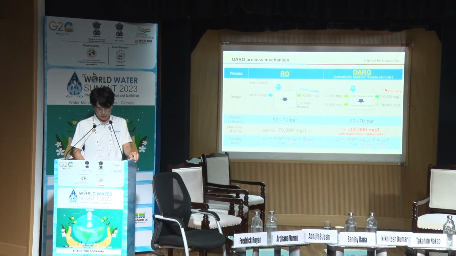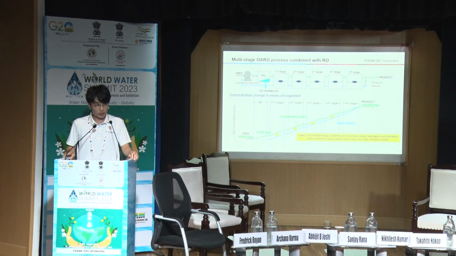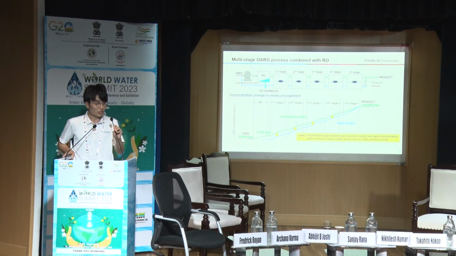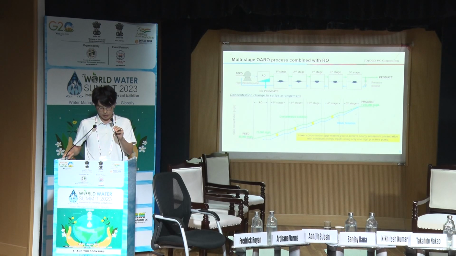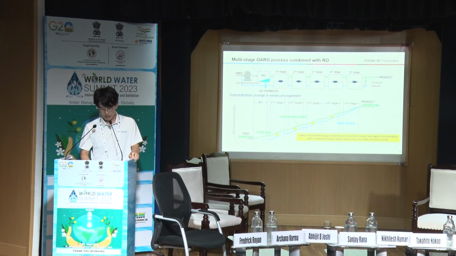As I explained, our OARO process can be operated with a stage configuration like this, to sequentially increase the concentration level from the first stage to the final stage. In this configuration, we recirculate a portion of the product to the permeate side of the membrane to minimize the osmotic pressure difference across the membrane at each stage.